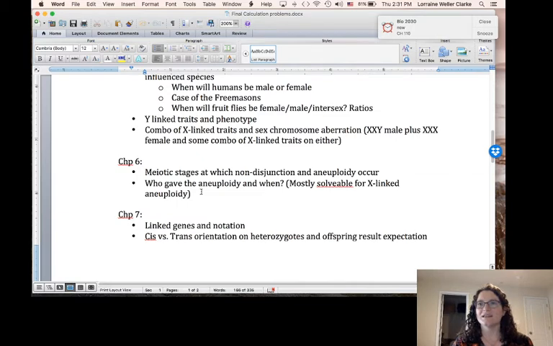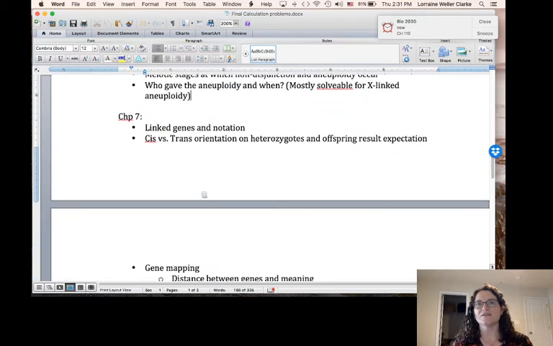All right, the next part that comes up with a large number of calculations is linked genes, okay? Understanding how to do the notation for them, cis versus trans orientation on the heterozygotes, what you would expect for offspring from someone that has a cis orientation versus a trans orientation, and why that's different, okay?